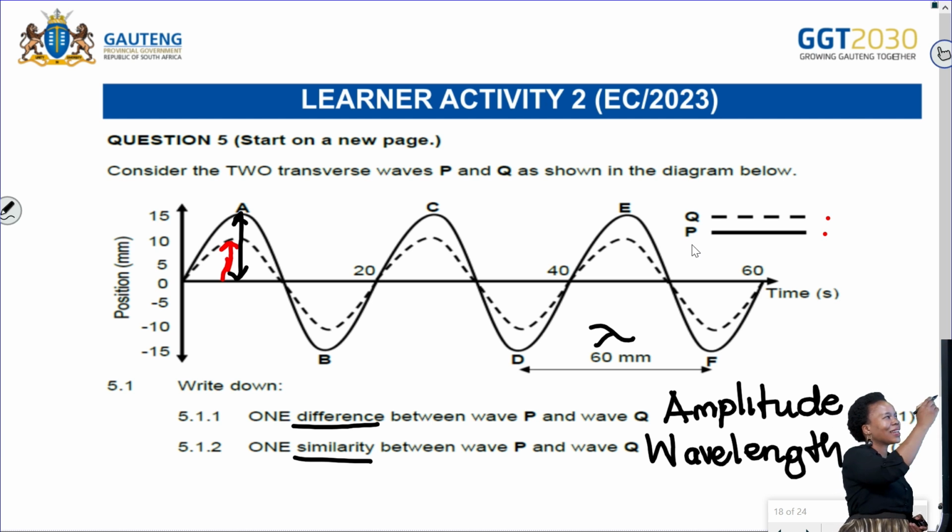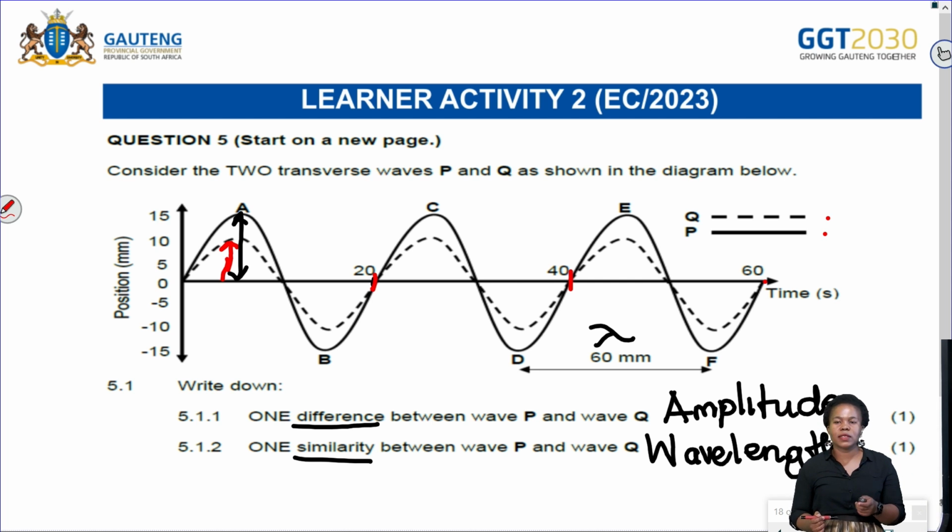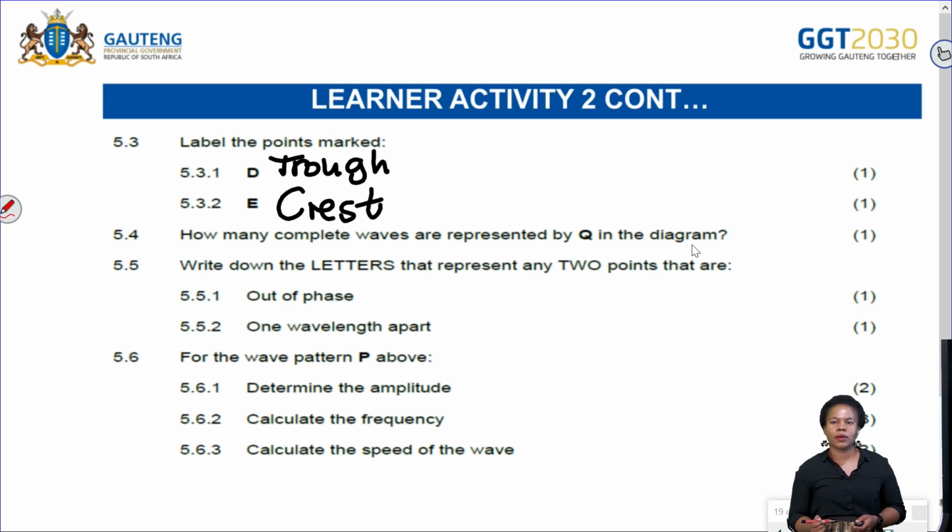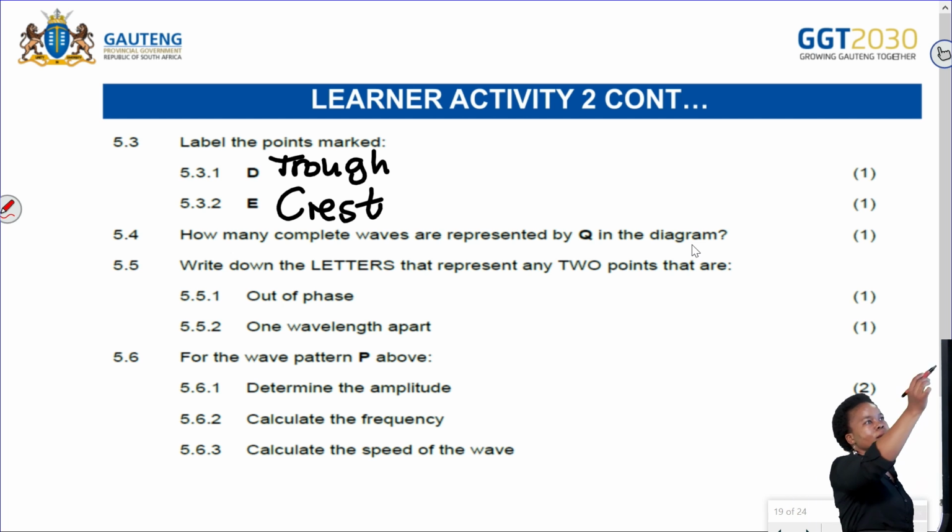Let's count again, using a different pen so that you are able to see. Crest, trough, 1. Crest, trough, 2. Crest, trough, 3. So there are 3 complete waves.